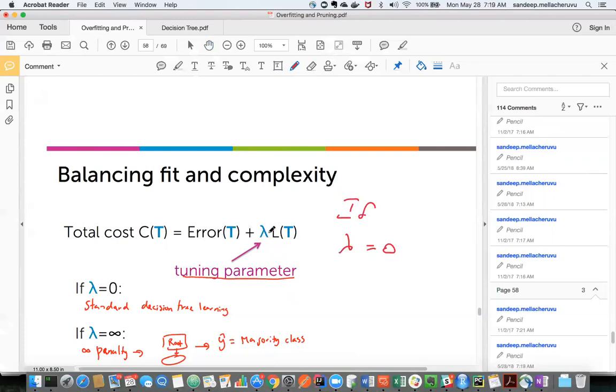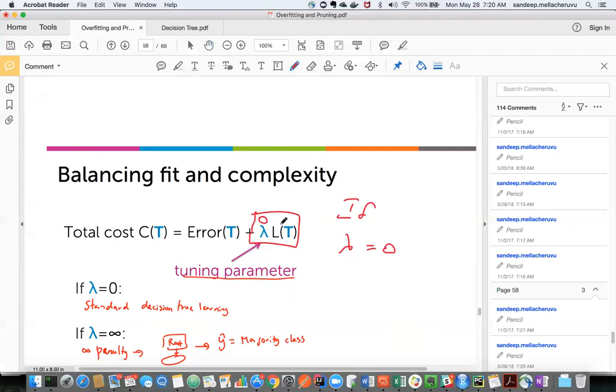If lambda equal to 0, then regardless of the number of leaves in the tree, even if you have a lot of leaves, the cost is unimpacted. So what happens? You are going to get a full decision tree. There is no pruning at all. Pruning will never happen.